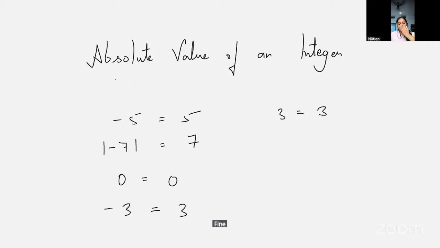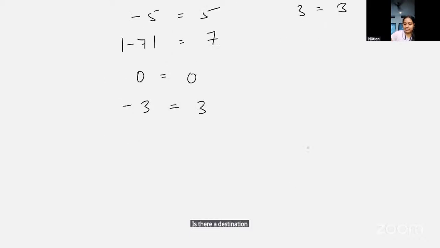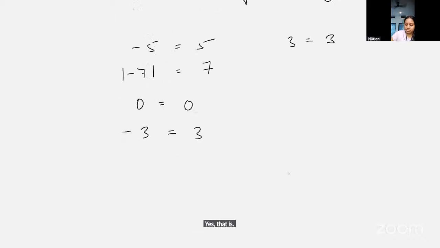Now, talking about addition, is there a definition? Yes, there is. I will make you write that.